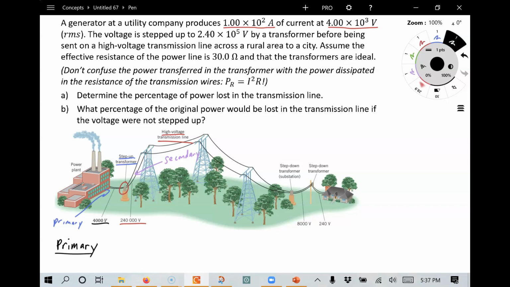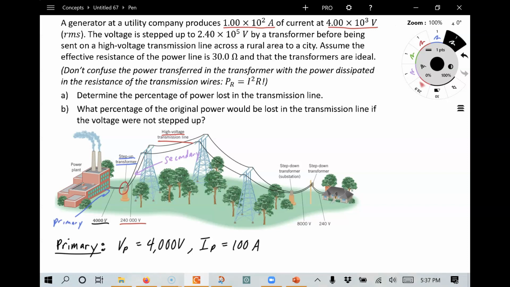This is what we have. We've got the voltage in the primary equal to 400 volts. And we've got the current in the primary. It's equal to 100 amps.